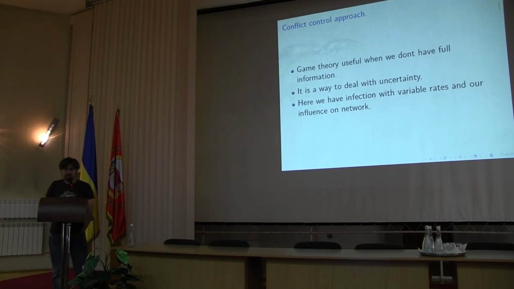And another interesting development is using conflict control theory or game theory, which are synonyms here. They deal with the uncertainty and action of nodes. Because if you have infection, some people change their behavior. They start wearing masks.